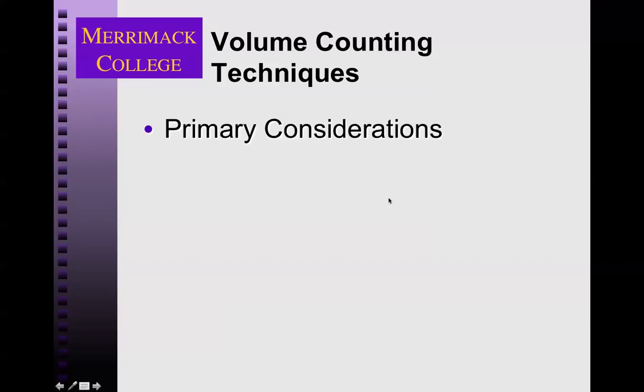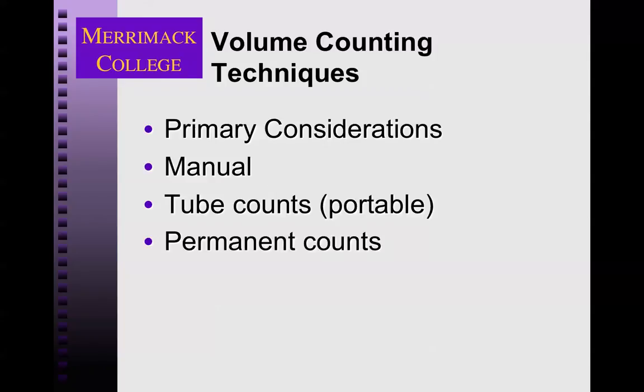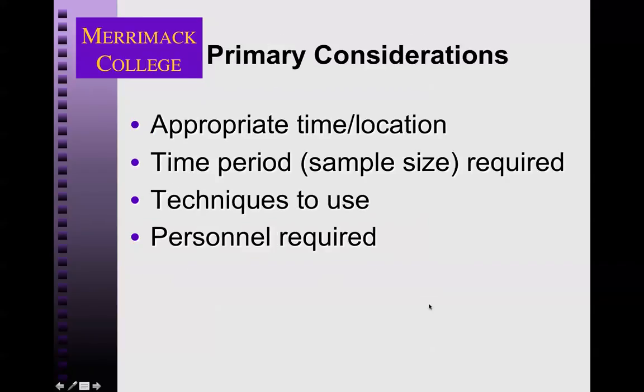Okay, so there's some things to think about when you're doing a volume count, right? And you can do it manually. We can use tube counts, which we won't be doing. Permanent count stations, as I mentioned, they can either be cameras or other kinds of detectors using advanced technologies. So the primary considerations are, what time am I going to do my count, right?